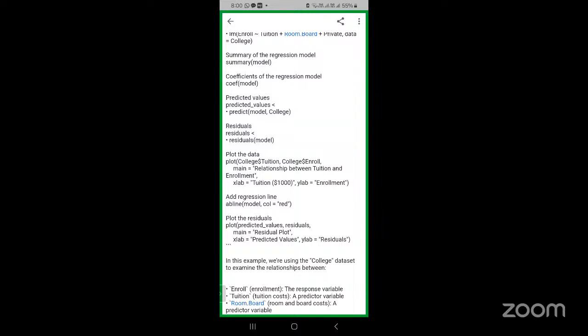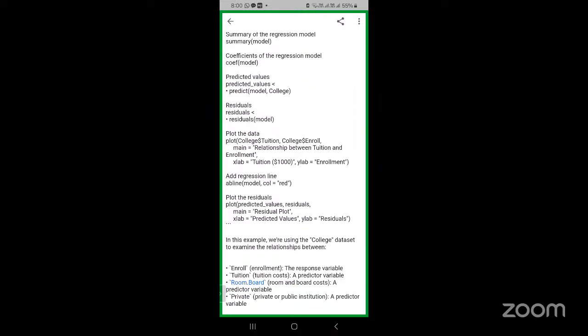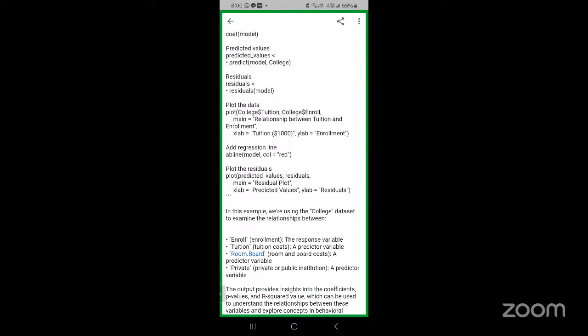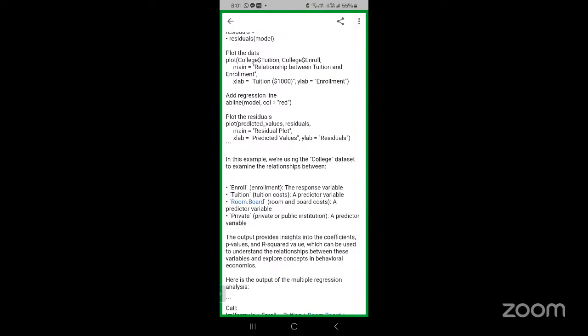Here you will get the abline in red color so that you can easily identify the residual, that is the deviation between the observed and the predicted value. So you will get this thing.